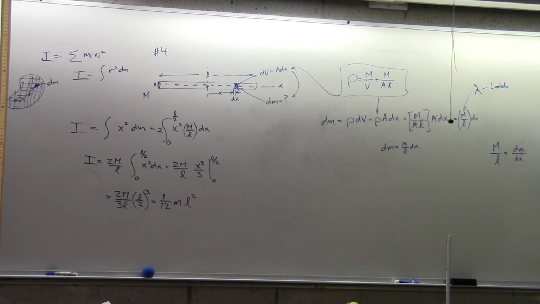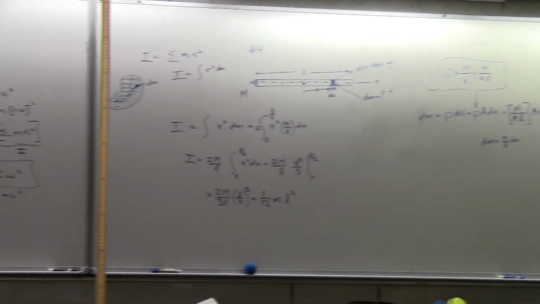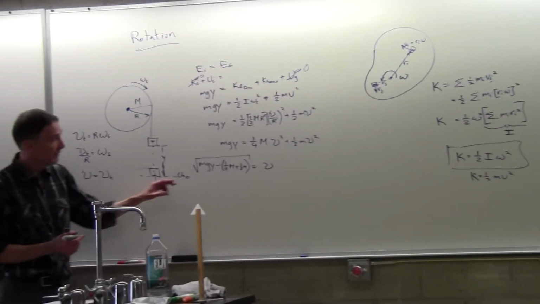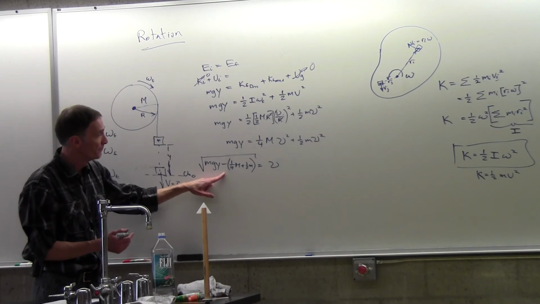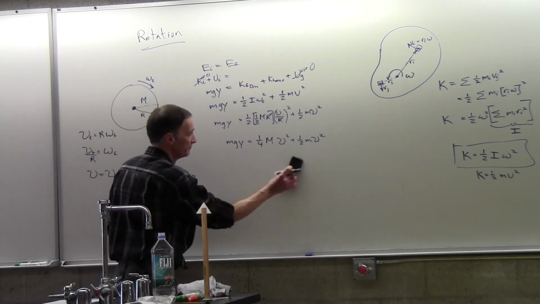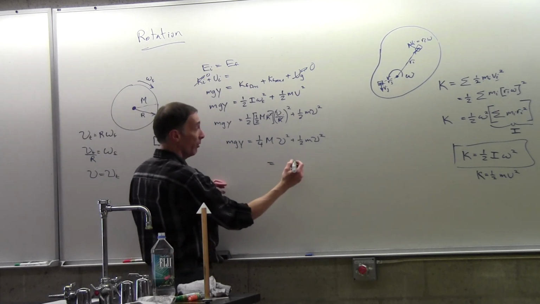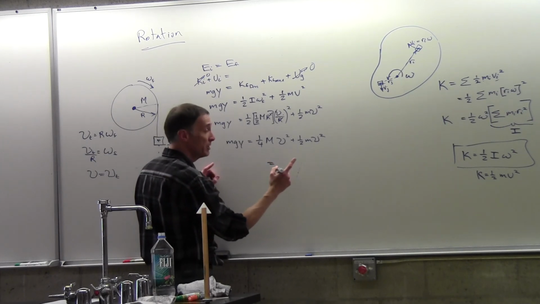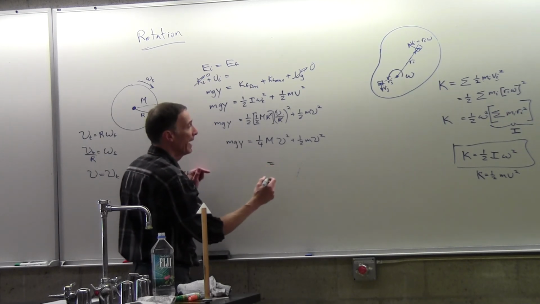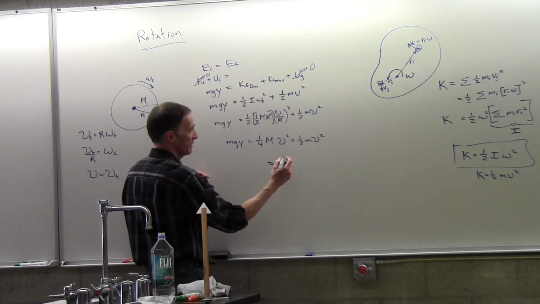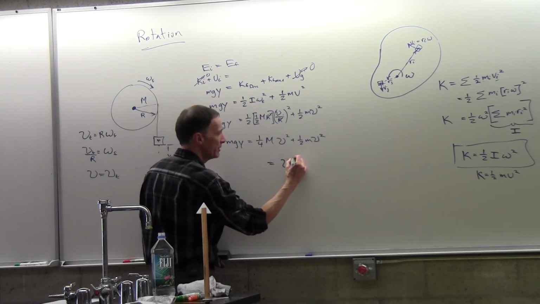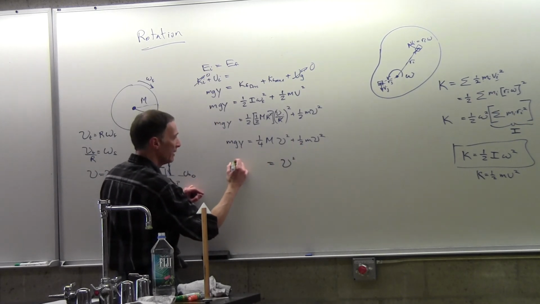Yeah, Gabe? Just back to the old problem. Is that right? You take out the v, then wouldn't you divide? Would it be mgy divided by 1/4 m? Yes, you would. Thank you. Yes, I screwed up. Thank you for catching me, because actually I want to come back to this problem, and I did mess up. I factored out the v squared. I have to divide through by this.